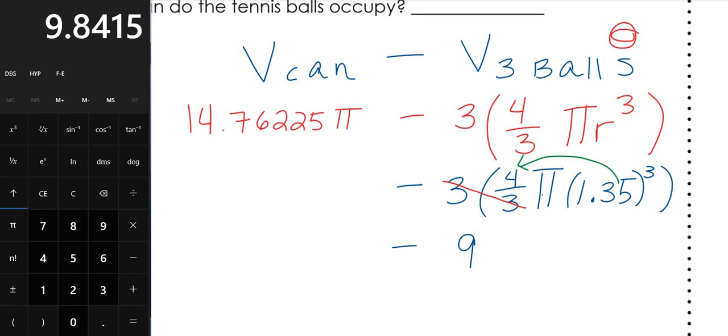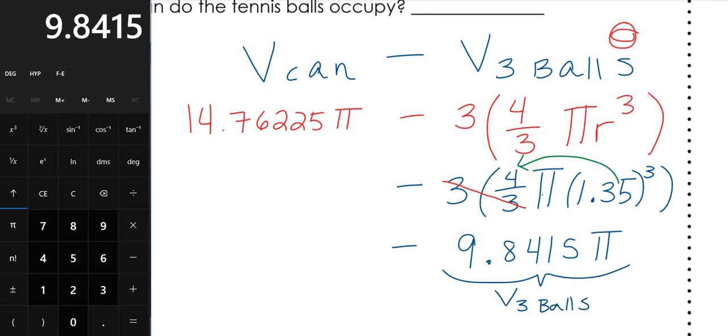So let me go ahead and write that down. Minus 9.8415 pi. This is the 3 tennis balls. Okay, that's the volume of the 3 balls. All right, so let me go ahead and bring down the volume of the can so I could subtract the 3 tennis balls and get the empty space. So 14.76225 pi minus that 9.8415.